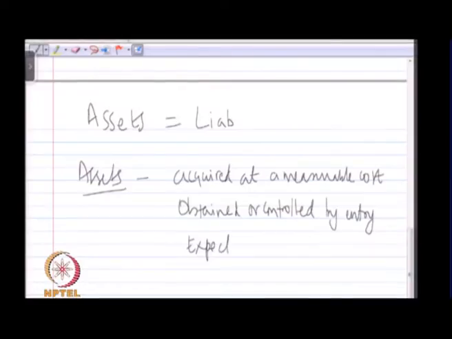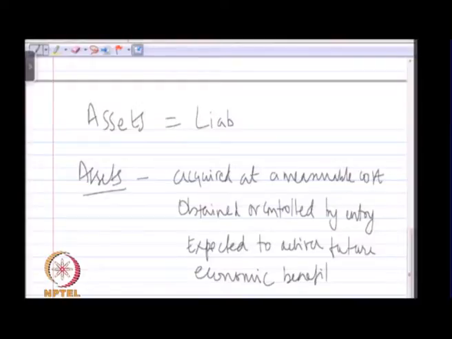Because it is expected to deliver future economic benefits, or it could also be the result of a past transaction or an event.